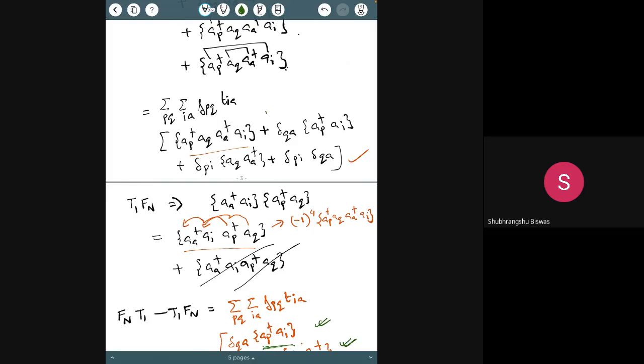If you want to contract something with AI, for example, then the only non-zero contraction is if you have some AI dagger AI form. Okay, so that is not possible. There is no daggered operator to the left of AI.